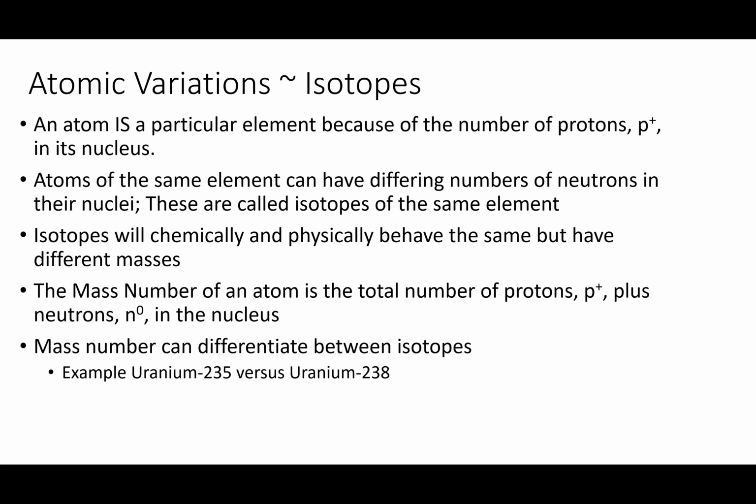Talked about the concept of an isotope, and remember with an isotope what happens is they are atoms that have the same number of protons, so they must be the same element, but they differ by the number of neutrons.